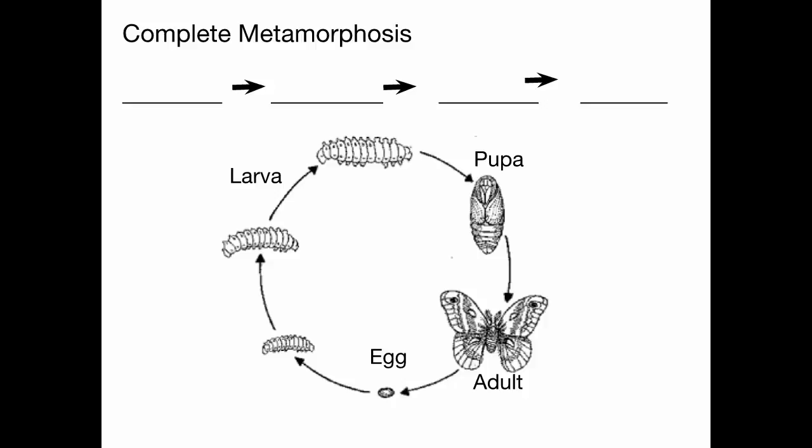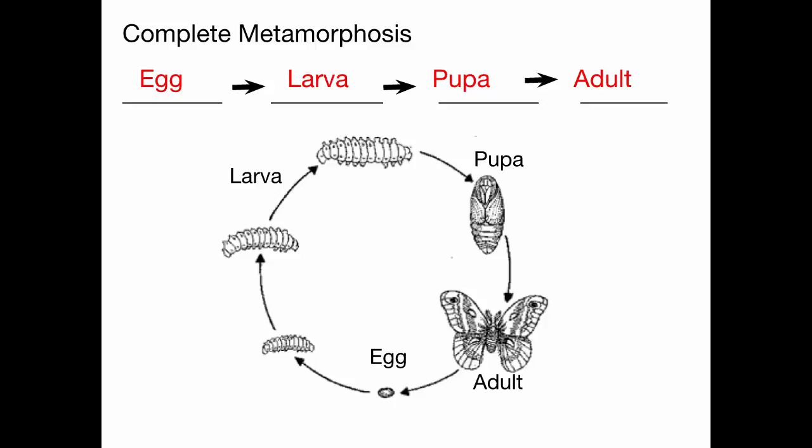So the other type of metamorphosis is called complete metamorphosis. This is when an egg hatches into a larval stage, which actually looks quite different from the adult stage. The larva's main job is to eat as much food as possible, to store up enough energy to go into the pupa stage.